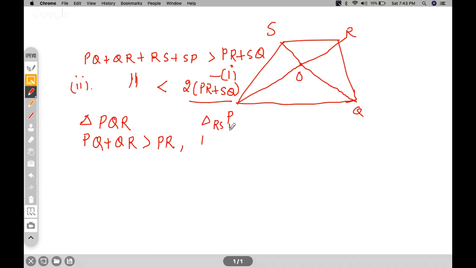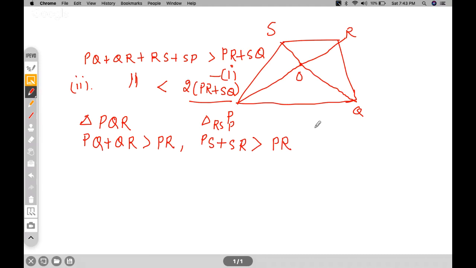In triangle RSP, PS plus SR is greater than PR.